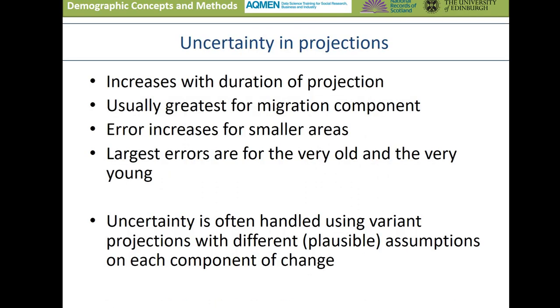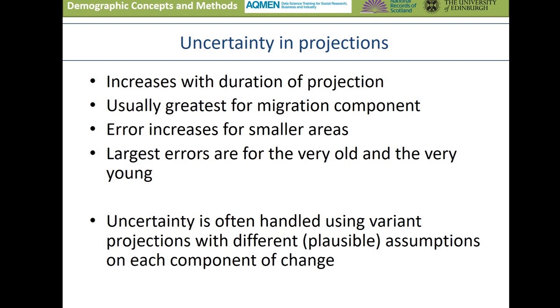If we think about uncertainty in projection, there are a number of things that can be taken as a rule of thumb. First, that uncertainty increases with the duration of the projection. We know from the migration talk that error or uncertainty is likely to be greatest for the migration component. We see error increase for smaller areas.